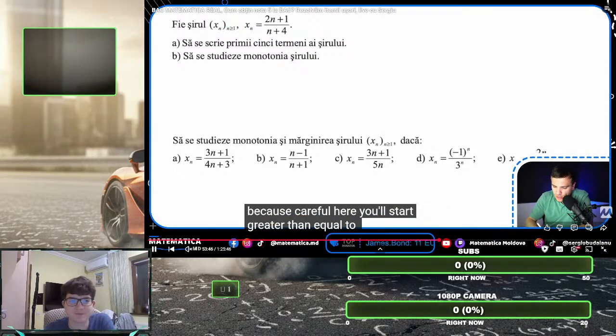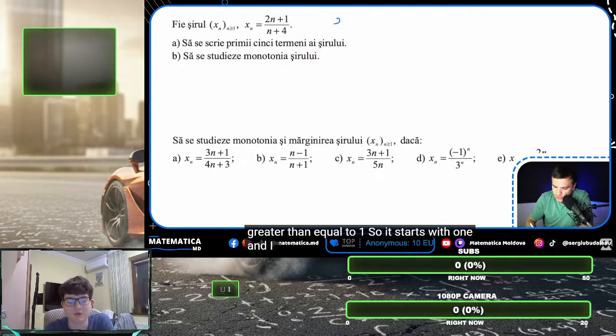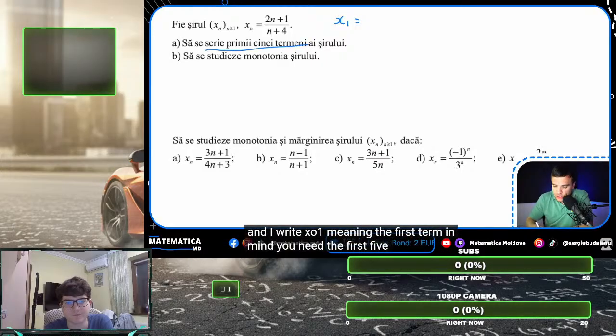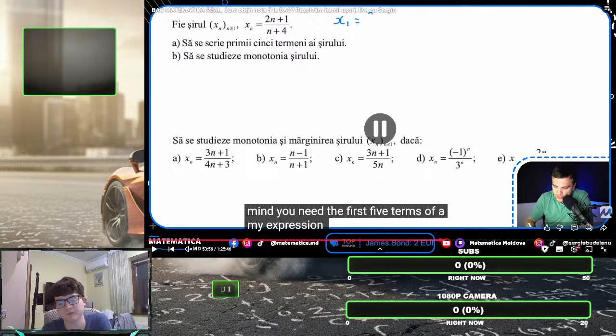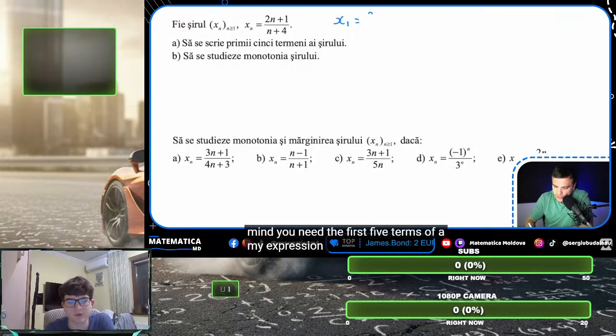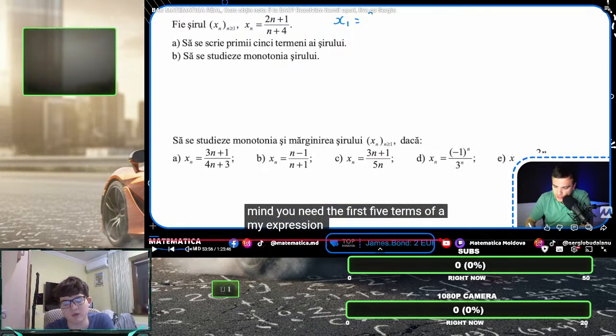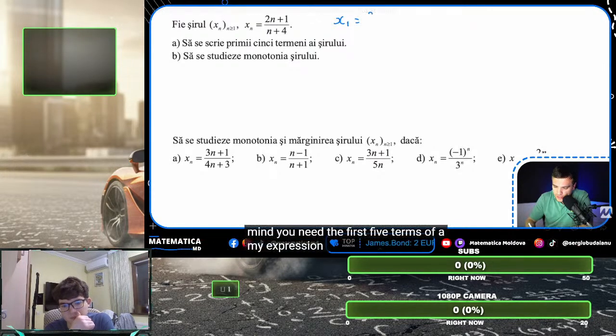So, 2n plus 1 divided by n plus 4. Here we have 5 different numbers that you have to find, not just how it goes. I did this as a demonstration of how it goes, but not actually finding the numbers. So I'm going to check it out.